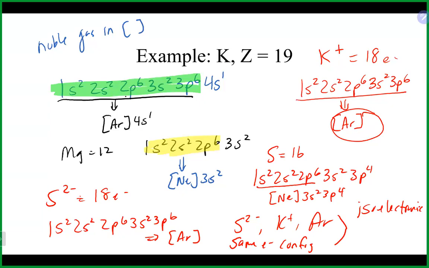This makes sense because, frankly, if you put potassium and sulfur together, you will make an ionic bond, right? And the purpose of an ionic bond, as we talked about, is for everybody to reach the noble gas configuration, right? And that is how they do it, by losing and gaining an electron.